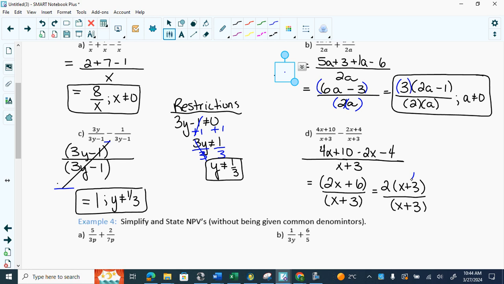And I'm like, no. NPV. So x can't equal negative what? Done. 2. Oh, 2. I know font is equal. X, no font. Negative 3. All right.